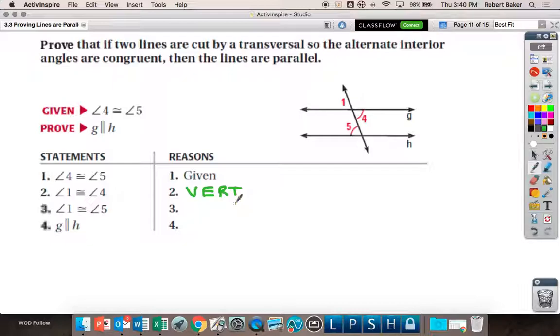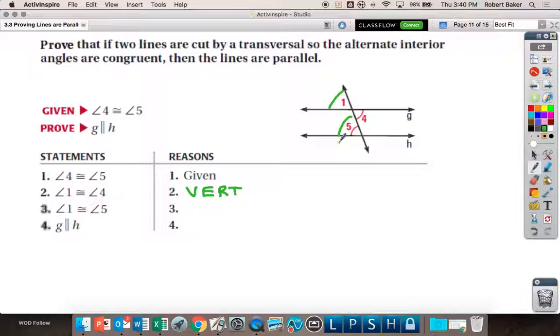Now, Josiah says that 1 and 5 are corresponding angles. I agree with you 100%. But they're saying that 1 and 5 are congruent. We don't know that, because if they are congruent, the lines are parallel. I'm trying to prove they are congruent. Now, there is a sneaky way.